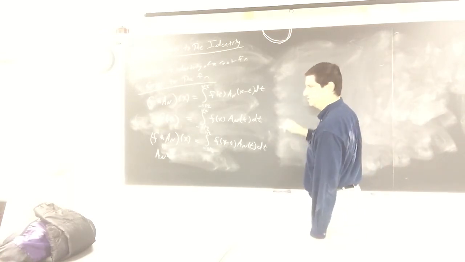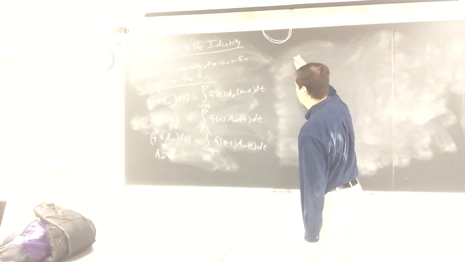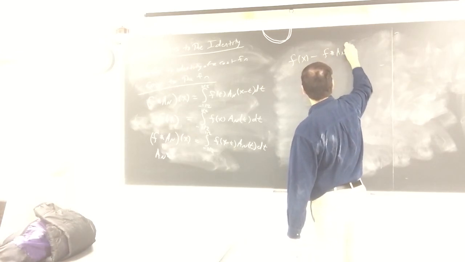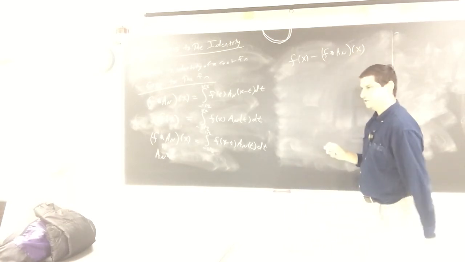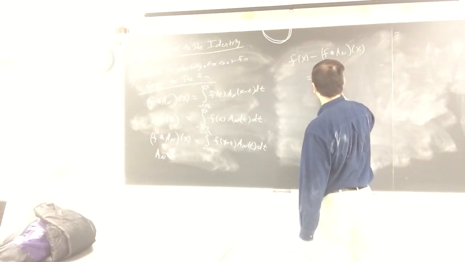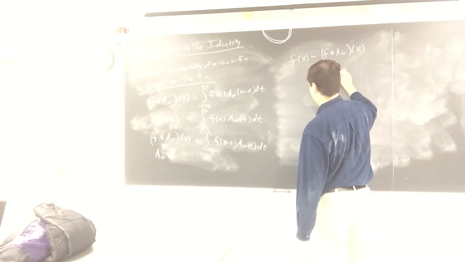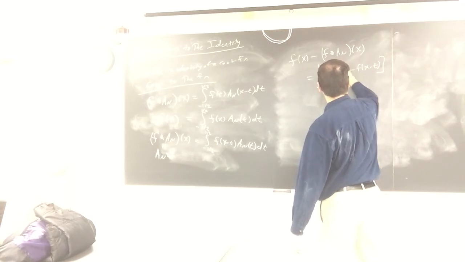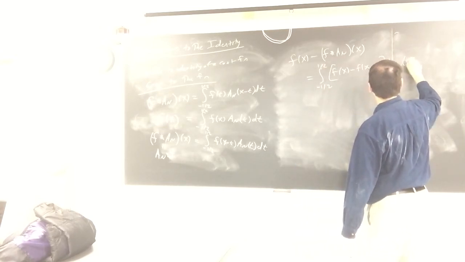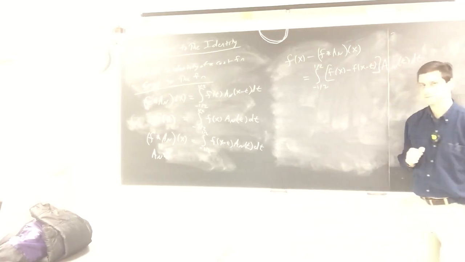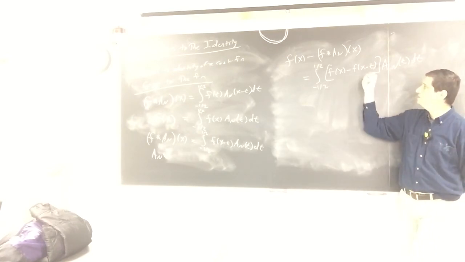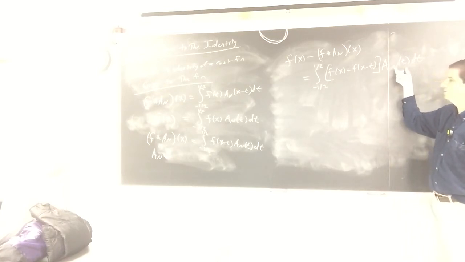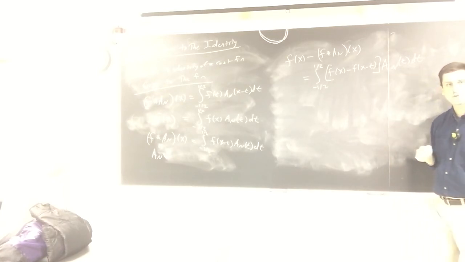I now subtract these, and I can get f of x minus f star A_N of x. What's the difference? That's going to be the integral from minus a half to a half of f of x minus f of x minus t, times A_N of t dt. When t is close to 0, this should be small because f is continuous. When t is away from 0, because my function is continuous, it's bounded.